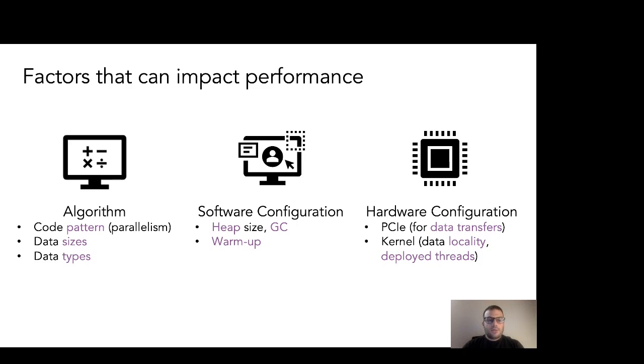And then the second aspect is the actual data sizes. If the size of the parallel part of our application is very small, then maybe it isn't worth going to a GPU for the actual computation, because then the cost to move data can be higher than the actual merit that we can get from the acceleration.